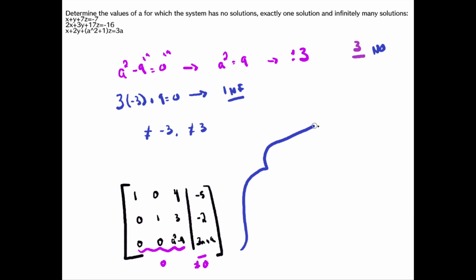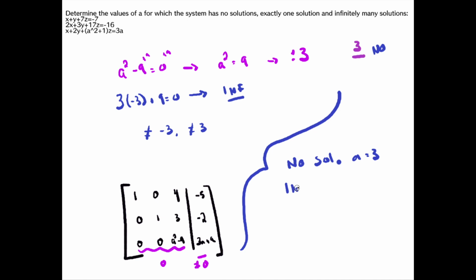So I'll just reiterate all of this. If I want no solutions, then a is equal to 3. Because if there are no solutions, it means that this row has zeros on this side and has an answer that's not 0.